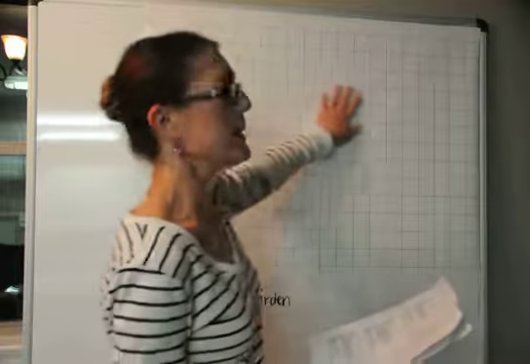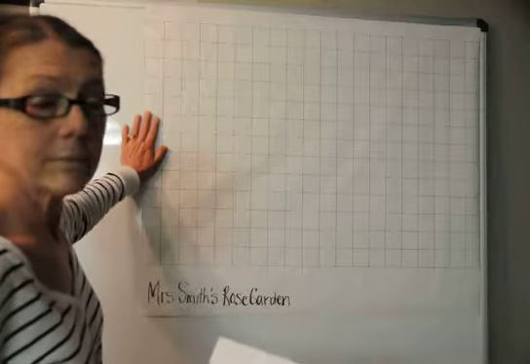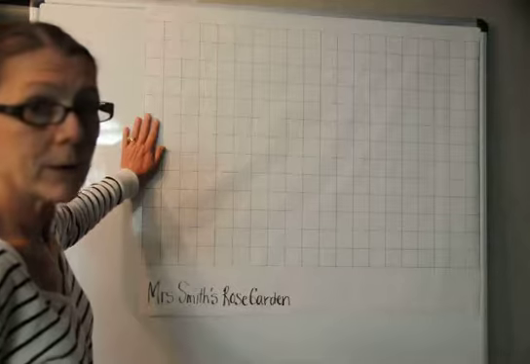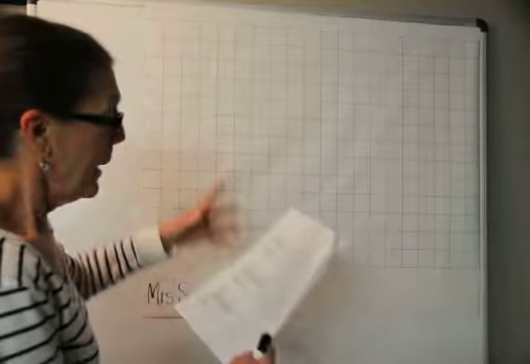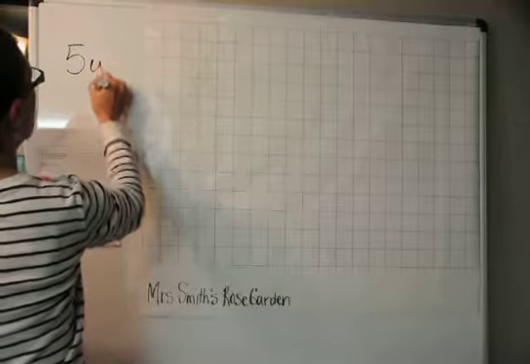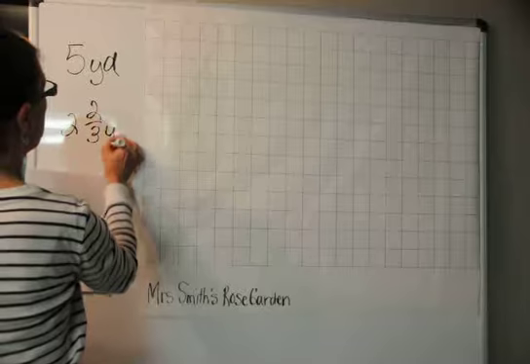So where are we going to start? We have this grid and we have these numbers, and we're wondering, what do we do? Well, we have the 5 yards and we have 2 2/3 yards.